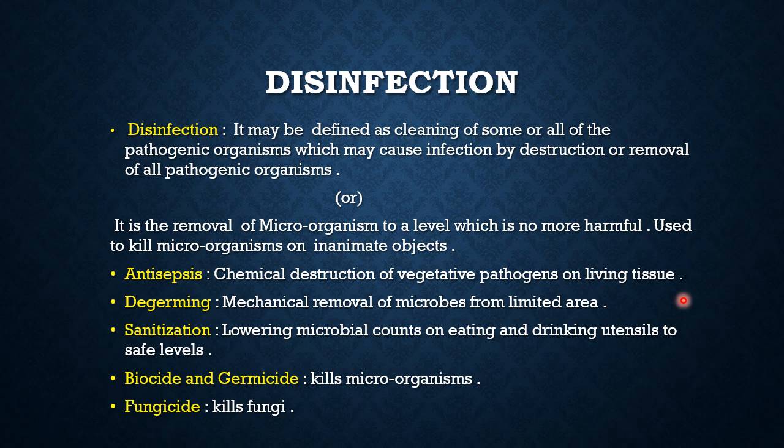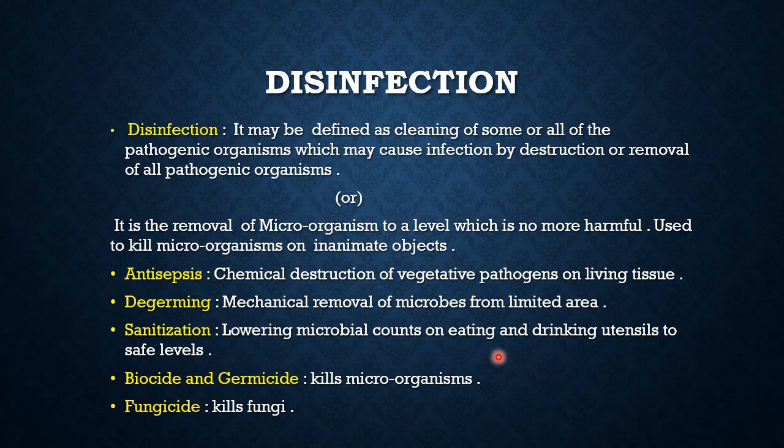And then the next word is degerming. It is the mechanical removal of microbes from a limited area. We call it mechanical removal because this process includes scrubbing and chemical action also.